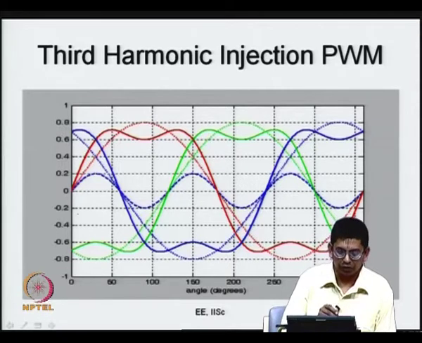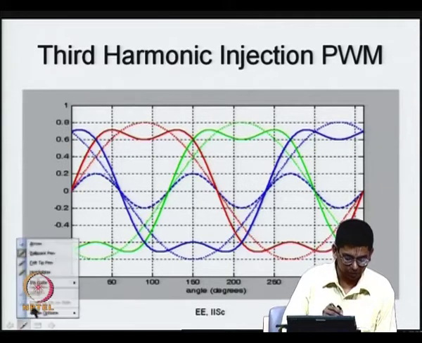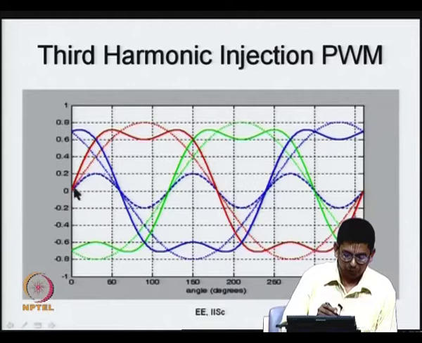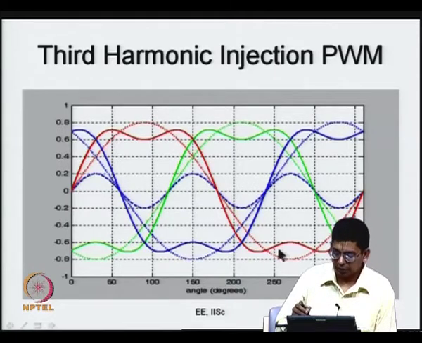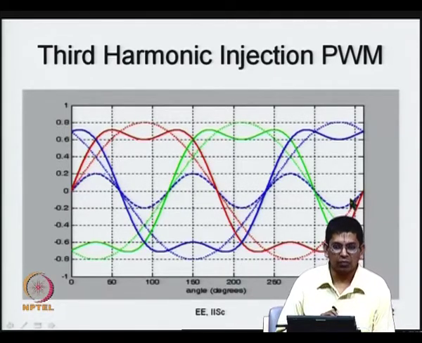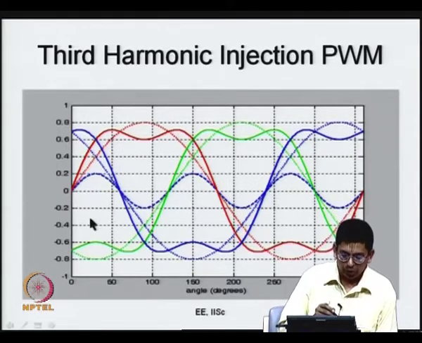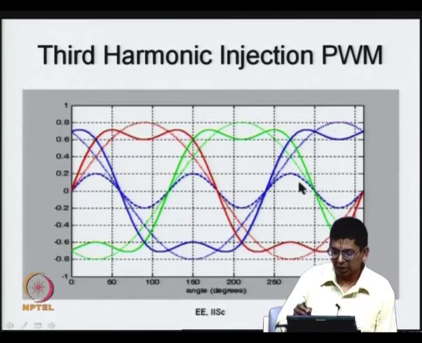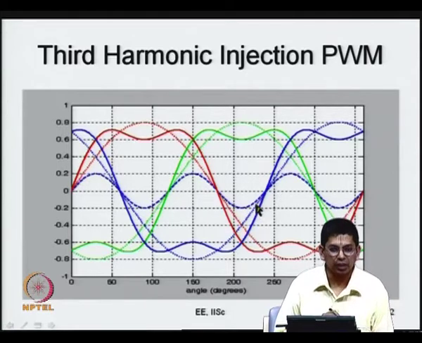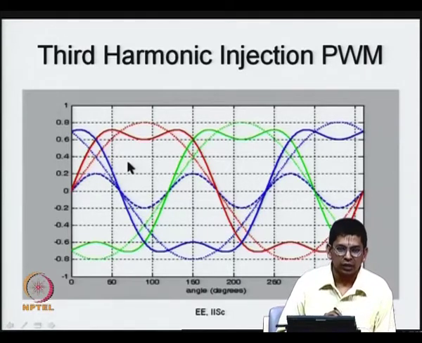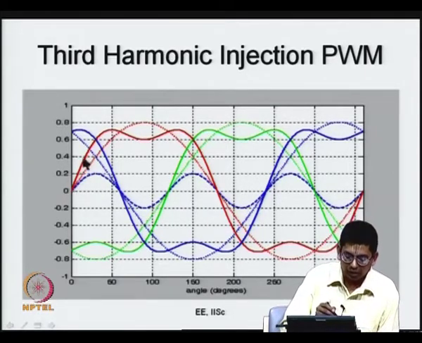You have the fundamental sine, that is, this red dotted line, which is the sinusoidal modulating signal corresponding to R phase. Then let us say you add a third harmonic, indicated by this dashed blue line. So, this is a third harmonic. You add this to MR to get what you call MR star.